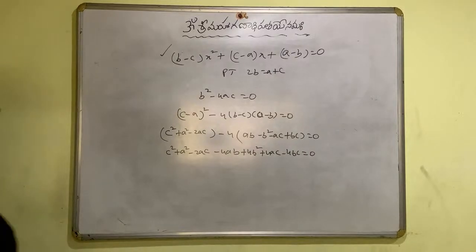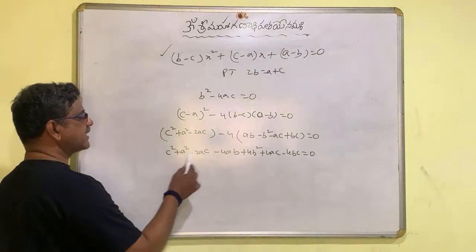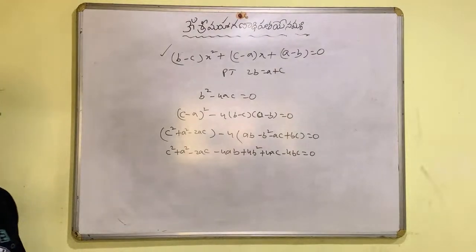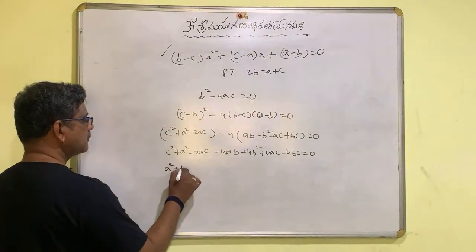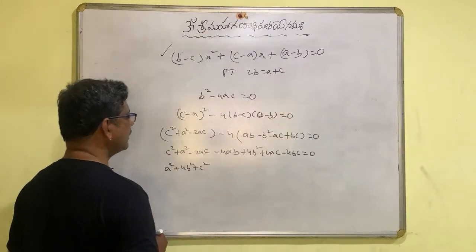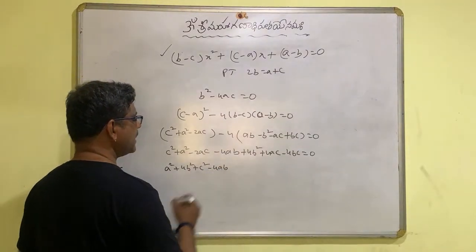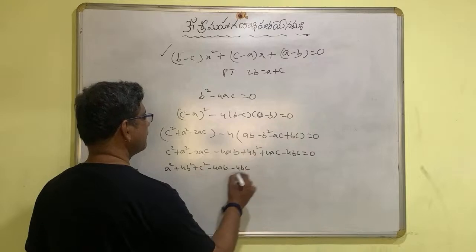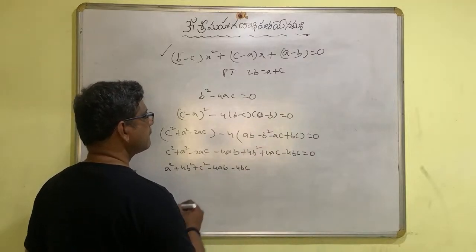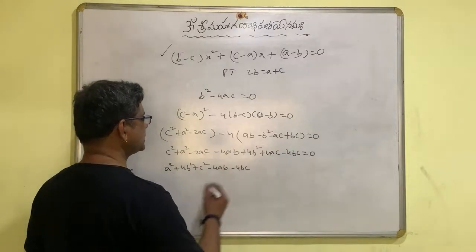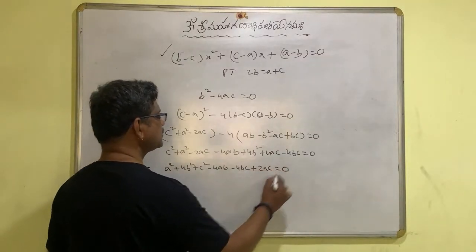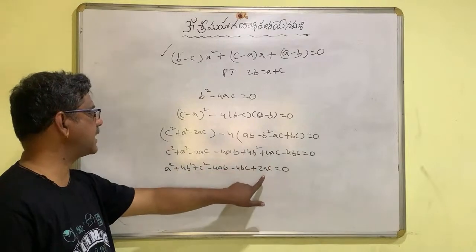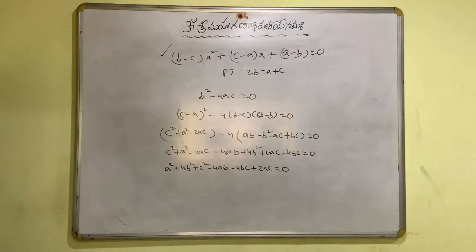Now you can observe here three perfect squares: c square, a square, and 4b square. So I can write it like this: a square plus 4b square plus c square minus 4ab minus 4bc plus 2ac is equal to 0.